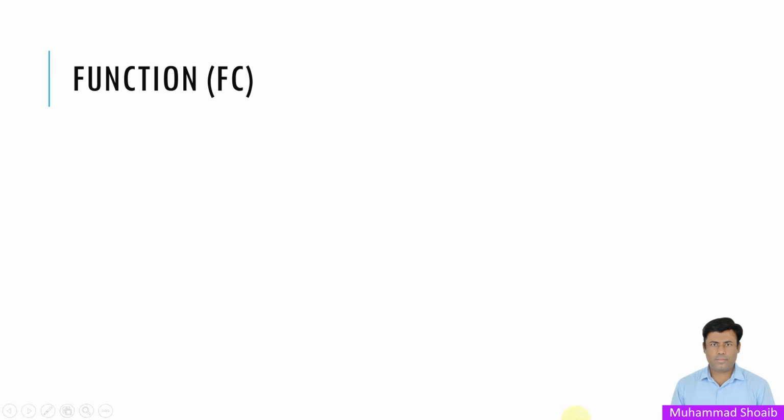So the first thing is, what is an FC? In the Semantic Manager, a function or FC is a modular block of code used to perform a specific task without retaining state or memory between the PLC scans.